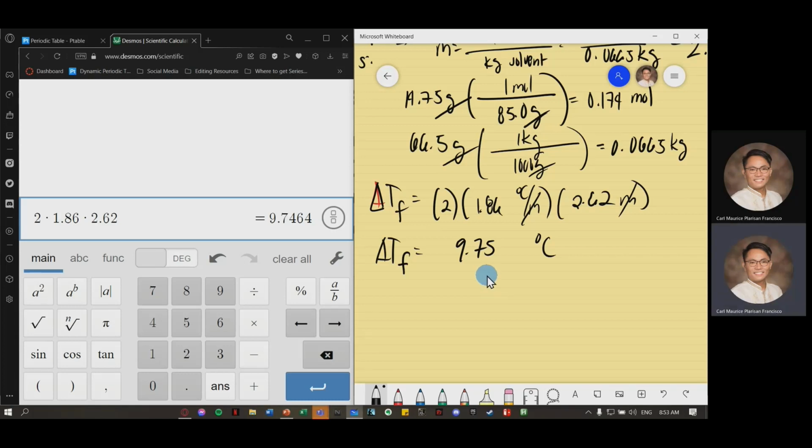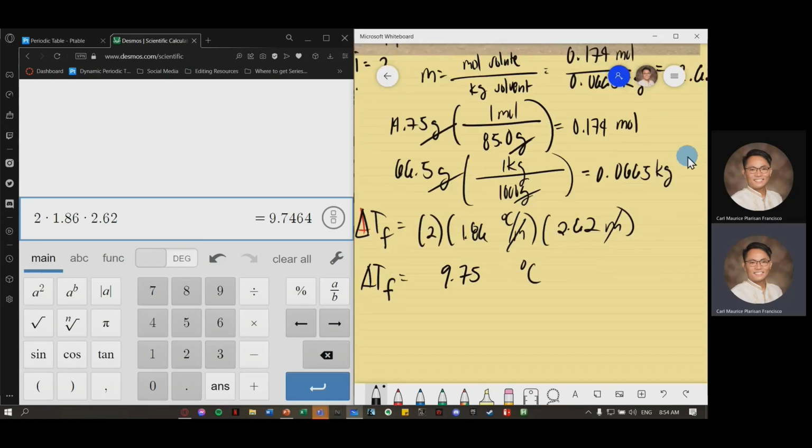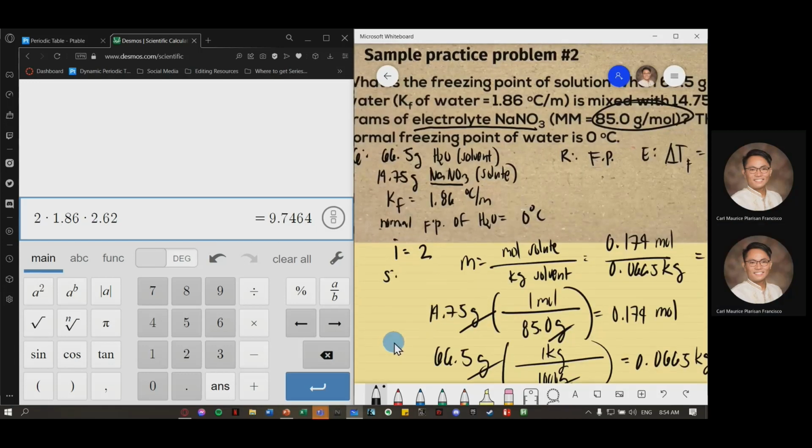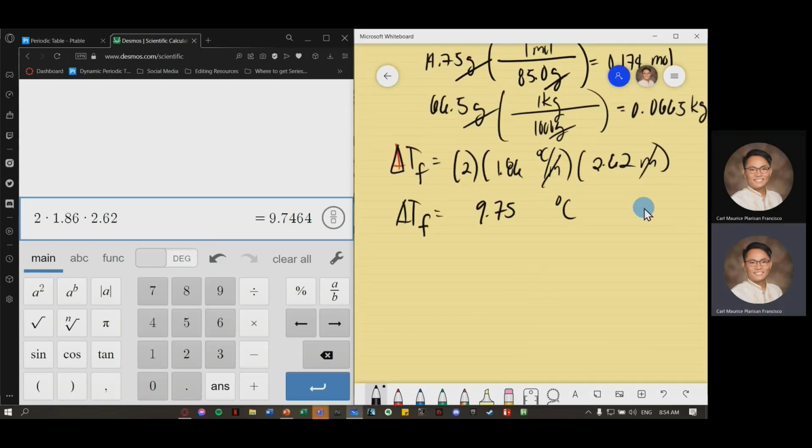Okay, so we just multiply the freezing point depression factor. So 2 times 1.86 times 2.62 molality, we have 9.75. So what we need to do is compute for the freezing point. So this is just the freezing point depression. So that is why freezing point is equal to normal freezing point of water minus freezing point depression.